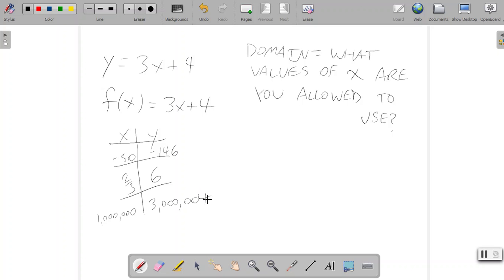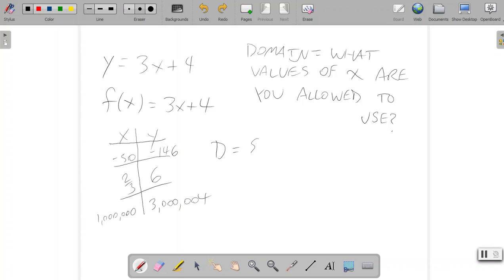There's no x number that I could not use for this function, and so the domain of this function would be, well, let me write it differently.